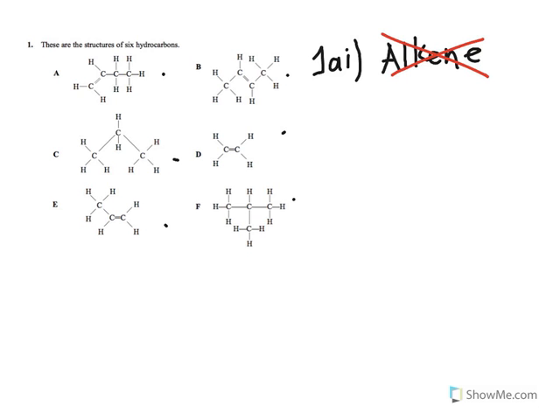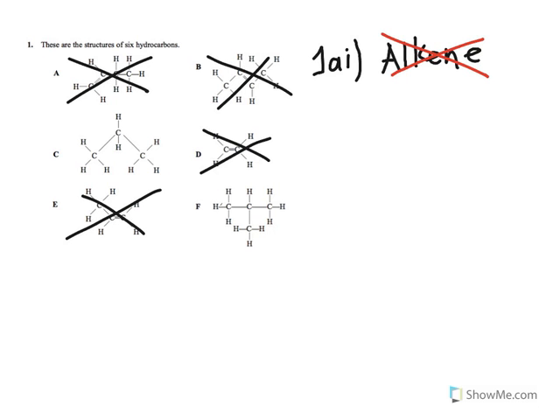Oh, sorry, you have to look for the ones which have a double bond, and those will be alkenes. You don't want the alkenes, so get rid of those. This one has a double bond, this one, this one, and this one. So your answer can be either C or F. Any one you choose is fine.